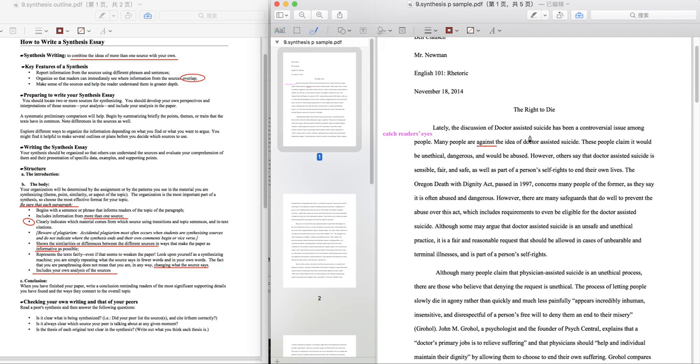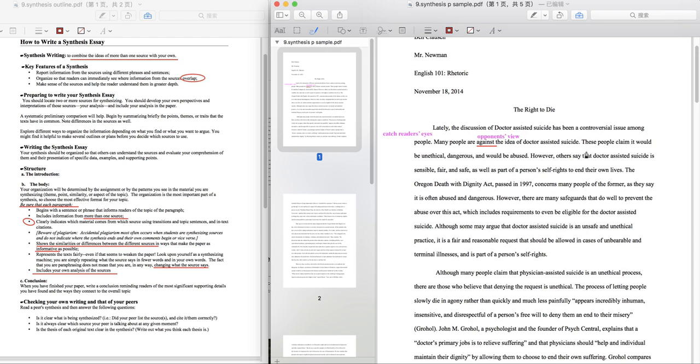Against is something like a counter-argument, a point of view, correct? Or you could say opponent. Opponent's view, correct?